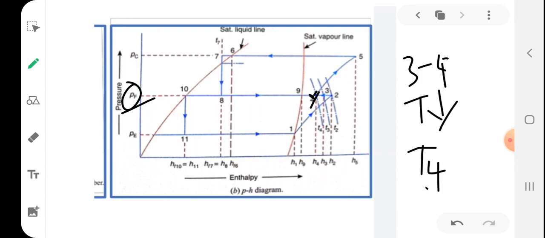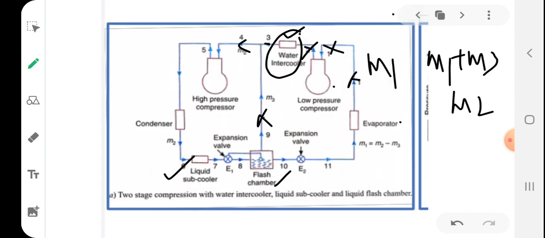T4 is lower than T3. So again desuperheating is happening. From 3 to 4, the refrigerant leaving the water cooler at point 3 is mixed with the vapor refrigerant supplied by the flash chamber, which is nothing but a vapor refrigerant.